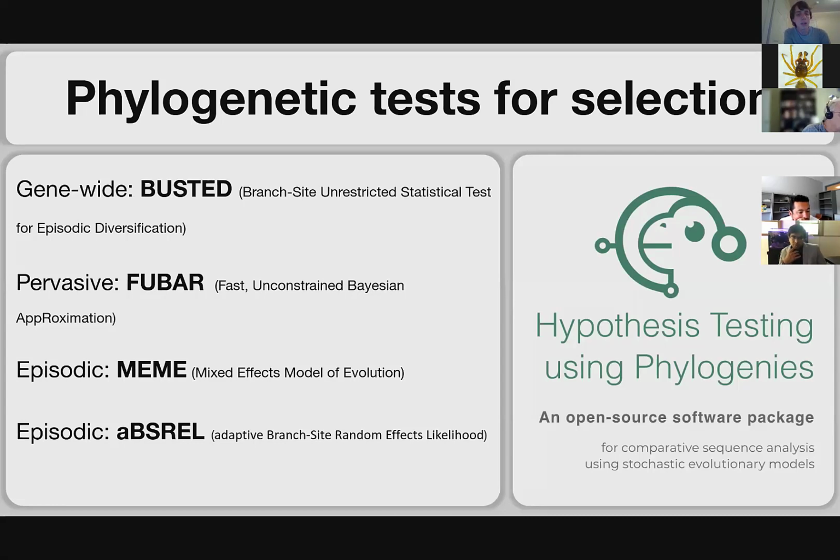The first one is just a very basic, gene-wide test: is there any evidence of positive selection at all in the data set? And then you're looking for pervasive selection. So given the codon alignment, are there any sites that are undergoing strong positive selection?